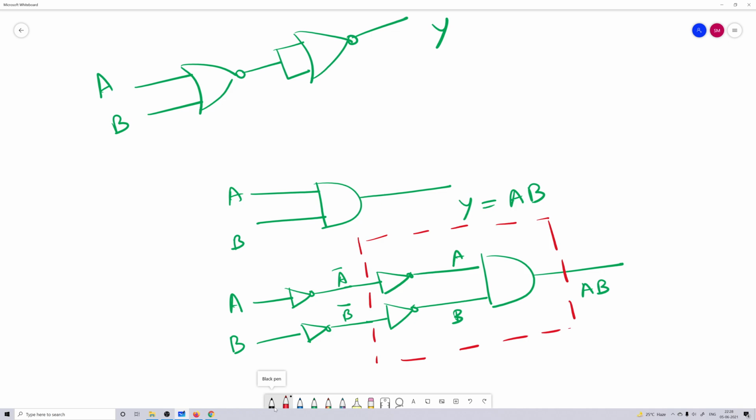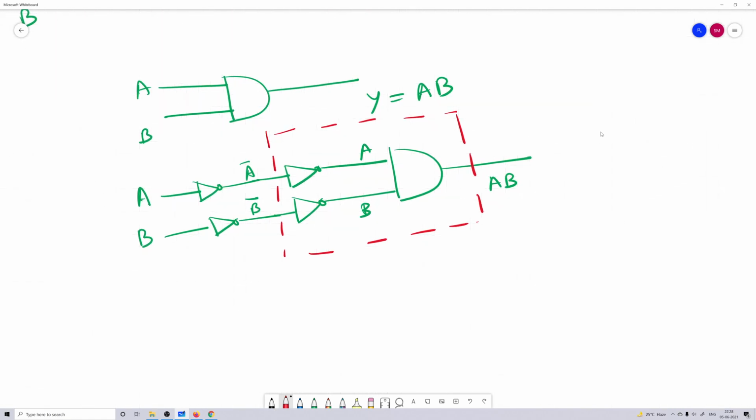Now let us look at the part of this circuit, which I am marking in red. Here we have two inverters followed by an AND gate. Okay. So we can use De Morgan's law, which states that this is equal to (A plus B) complement. So we can simply replace the two inverters and the AND gate of the circuit by a NOR gate.